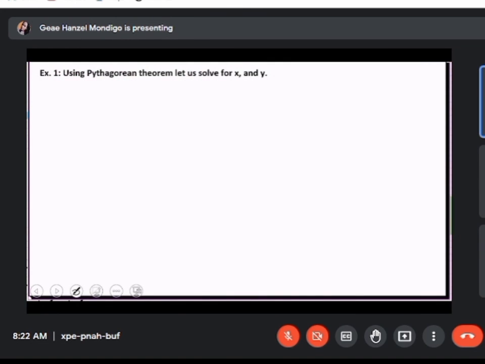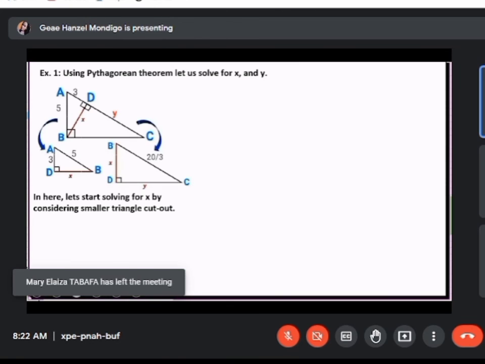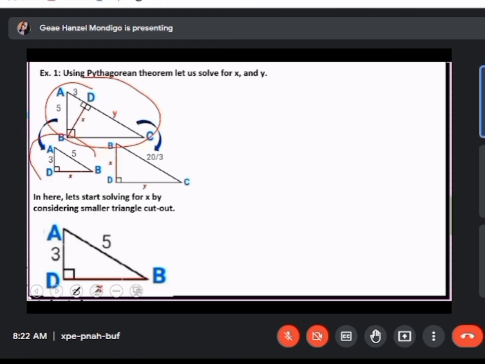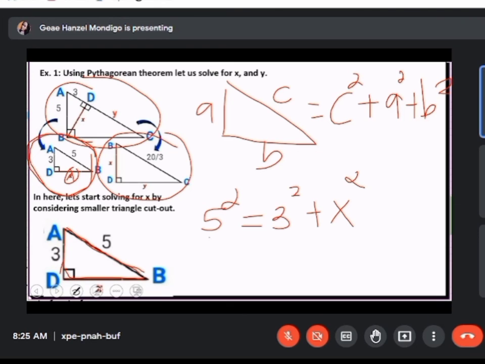Let us solve for x and y. Here we have the original triangle, and this one is our smaller triangle and our larger triangle. To find the value of x, we simply use this triangle, the triangle ADB. We have 5 times 5 is 25 is equal to 3 times 3, 9, plus x squared.